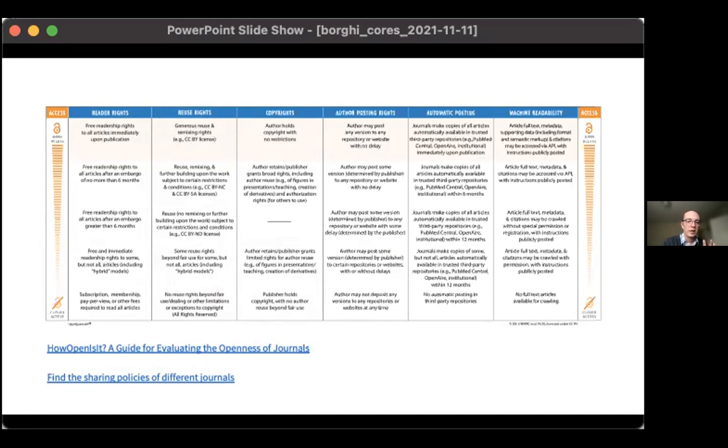It gives you, as a person trying to understand open access, ways of measuring how open things actually are in particular journals, in terms of what the reader rights are and what the reuse rights are. There are some journals that allow you to read things but not republish them. There is just a huge range of policies, so, degrees of openness here.